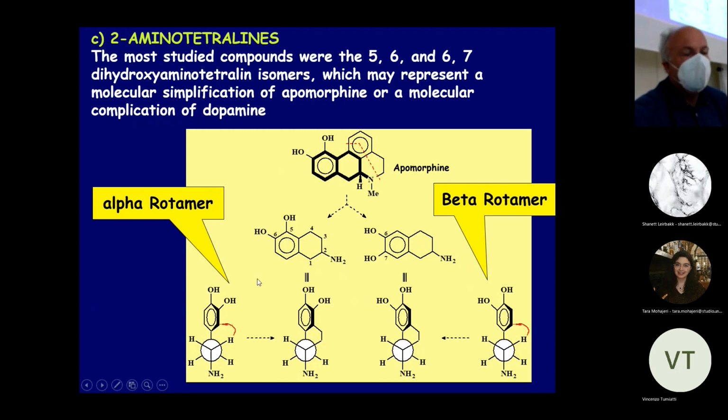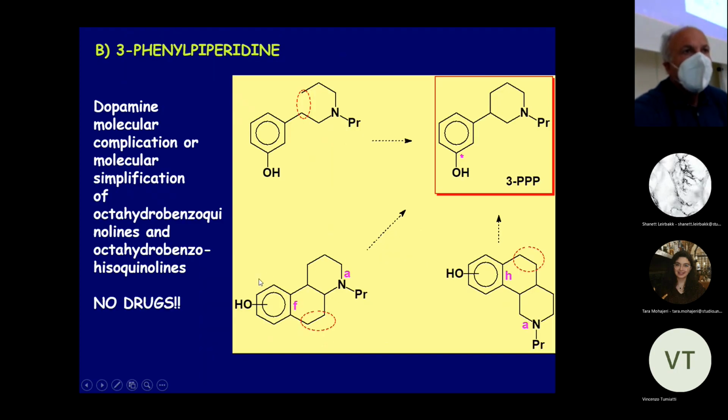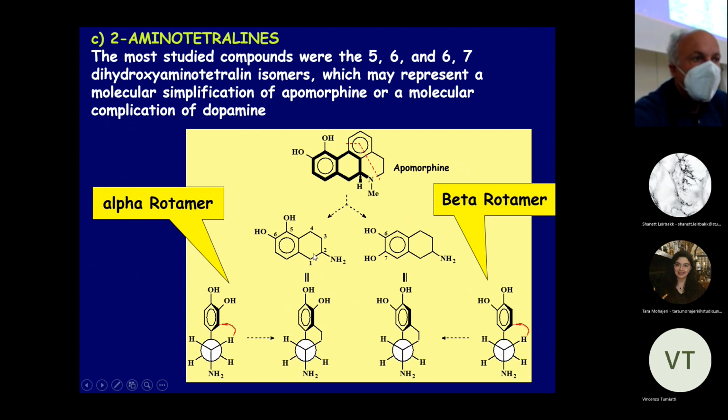Another strategy: they closed the ethyl chain in a ring. No more the normal propyl chain, but the ethyl chain. You see here, we have 2 aminotetralins.